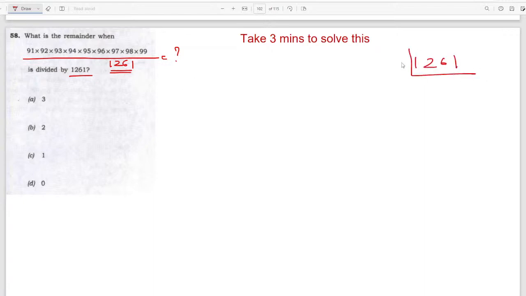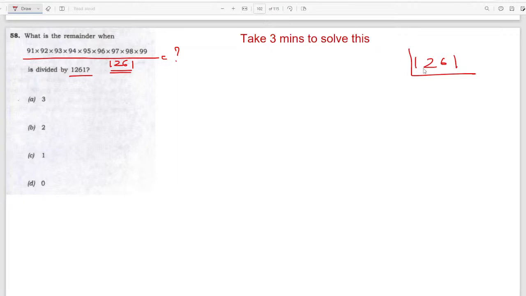Whenever we are factorizing, we start with the least prime number. This is an odd number, so it is not divisible by 2. For 3, 1 plus 2 plus 6 plus 1 is 10, so it's not divisible by 3. It's not divisible by 4, not by 5 because the last digit is 1, and not by 6 because it is an odd number.